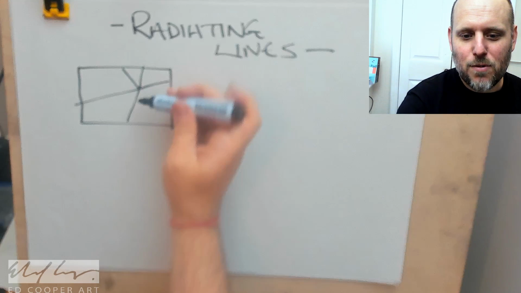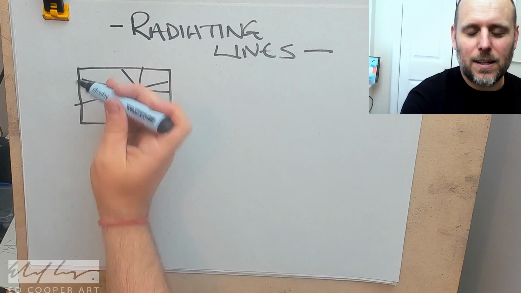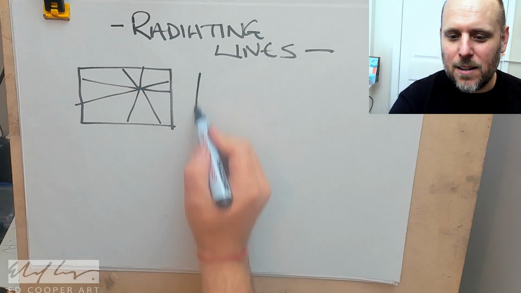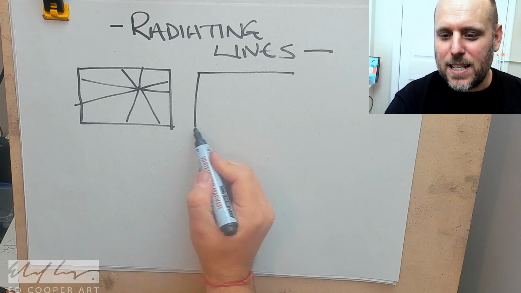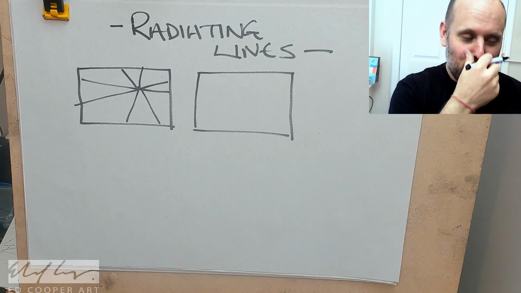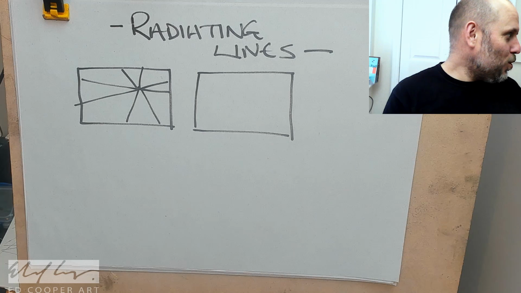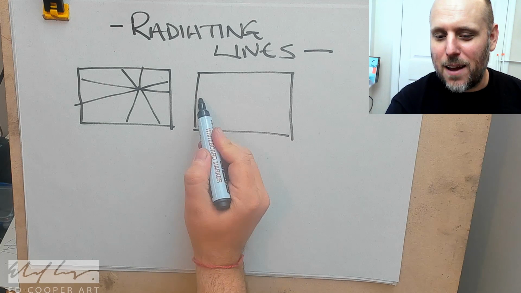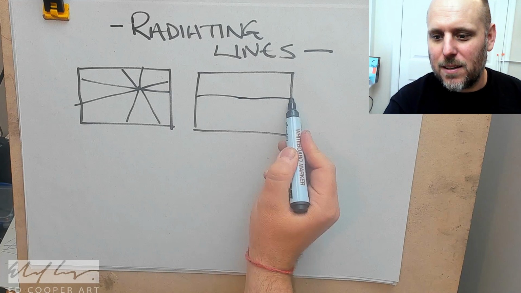Radiating lines is simply that. But obviously any scene where you're looking down a road or looking down a path is always going to normally have some quality of this.